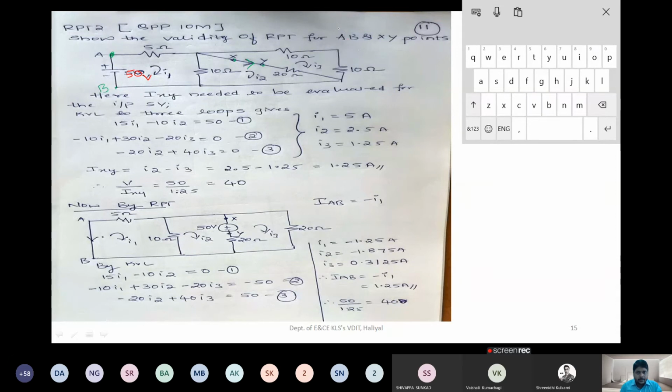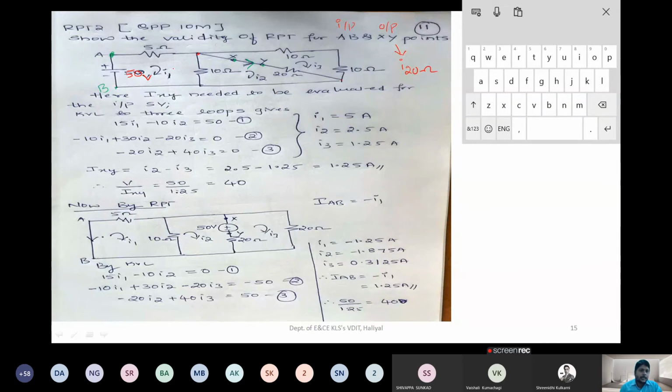The input is present across AB, and that means we have to take the output in that line XY. XY is associated with this branch, so the current will remain the same. That means instead of XY, it is the same as finding the current through this 20 ohm resistor.